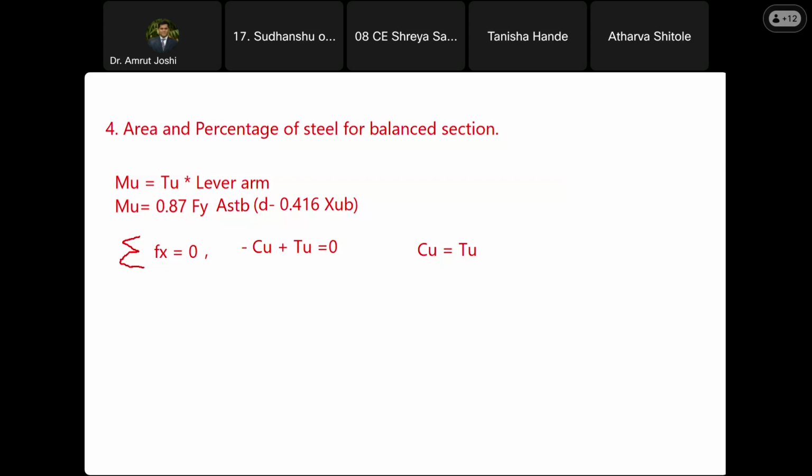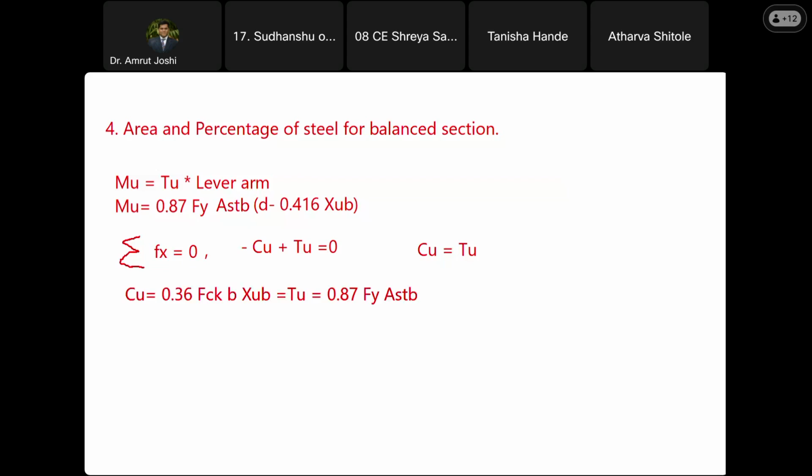This must be equal to TU. But what is the expression for TU? The expression for TU is 0.87 Fy ASTB, isn't it? So these two must be equal.